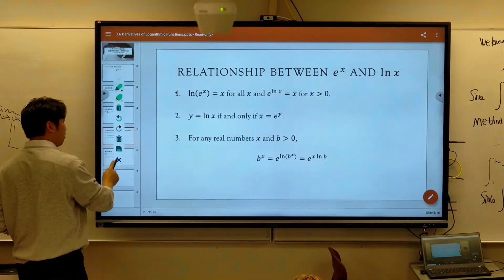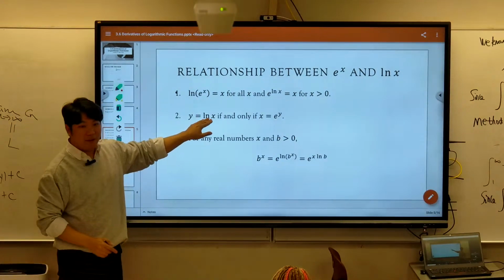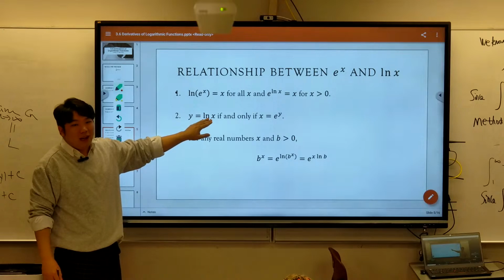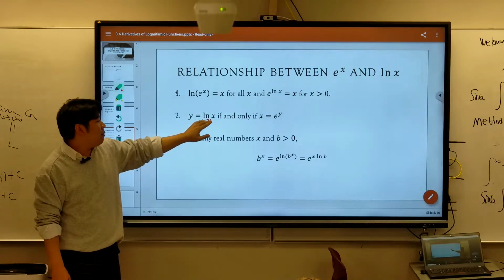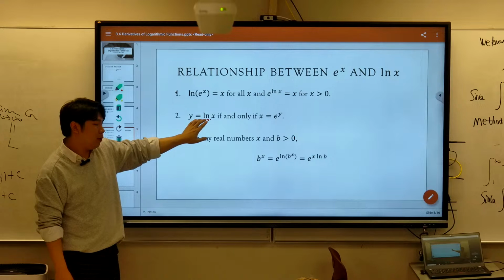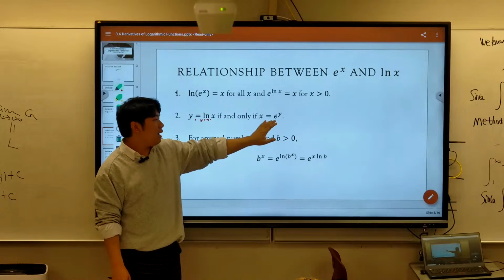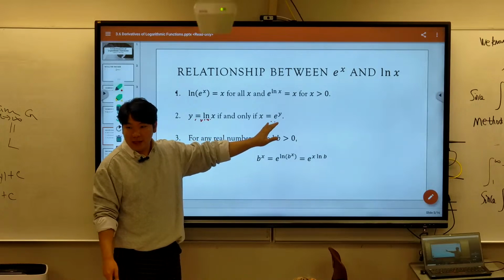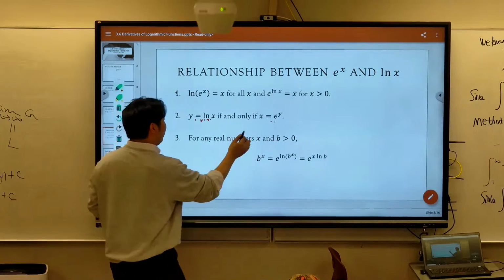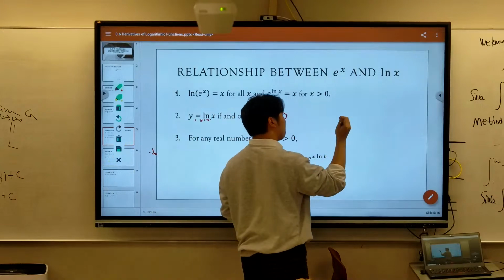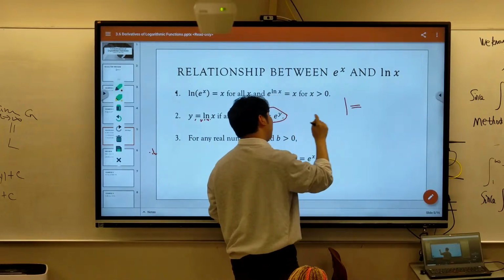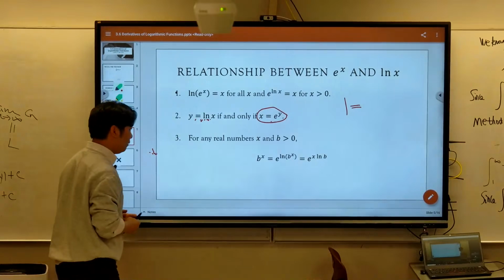Let's go ahead and clear this. Let's say I want the derivative of this right here. Right now, we have no idea what the derivative of a natural log is. But I know that this equation means the same thing as what I have over here. Well, if I write it like this, I know how to take the derivative of e to a power. So let's focus on this side. What's the derivative of x? We get 1. What's the derivative of e to the y power?